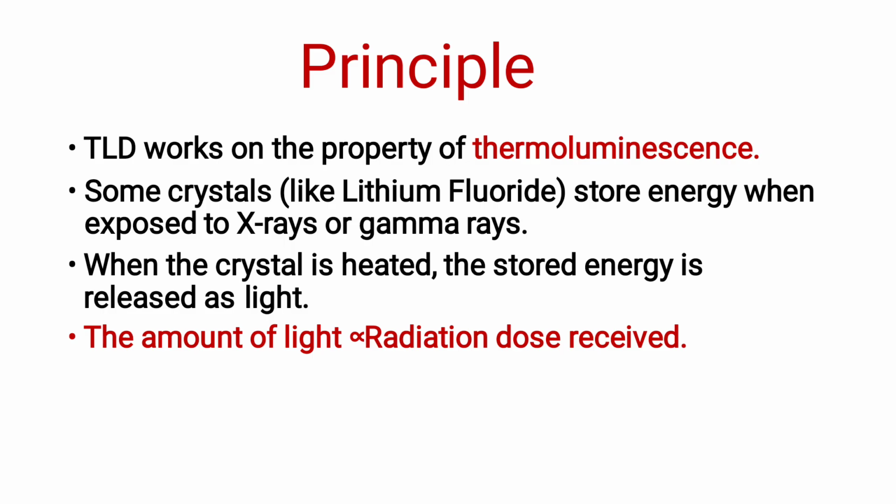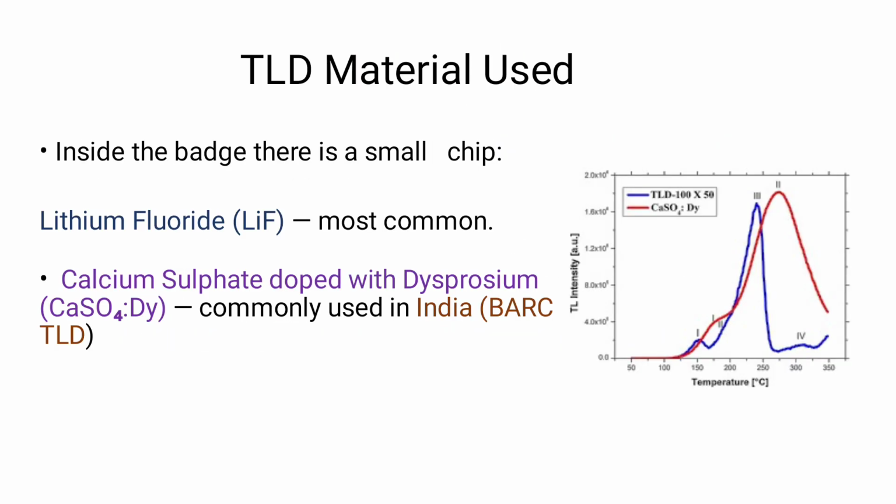The most common crystal we use in India is CaSO4, calcium sulfate doped with dysprosium. When the crystals are heated, the stored energy is released as light, and the amount of light is directly proportional to the radiation dose received by the individual.